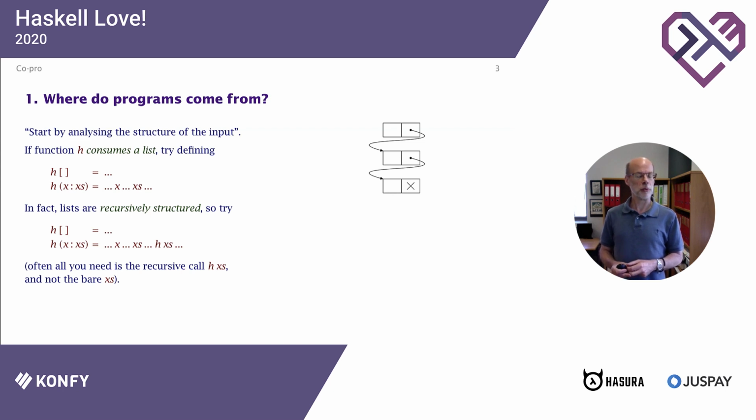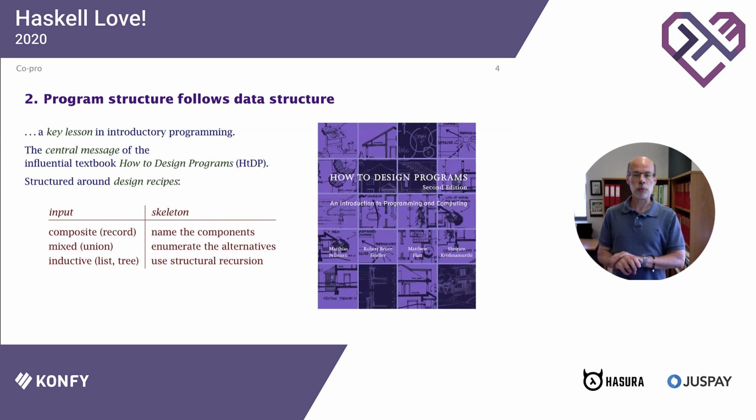And in fact, often you only need the x and the H of xs, and you don't need the bare xs itself. So this is an important message for beginning programmers, and it's one that's central to this very nice book, How to Design Programs, by Matthias Felleisen, Robbie Findler, Matthew Flatt, and Shriram Krishnamurthi.